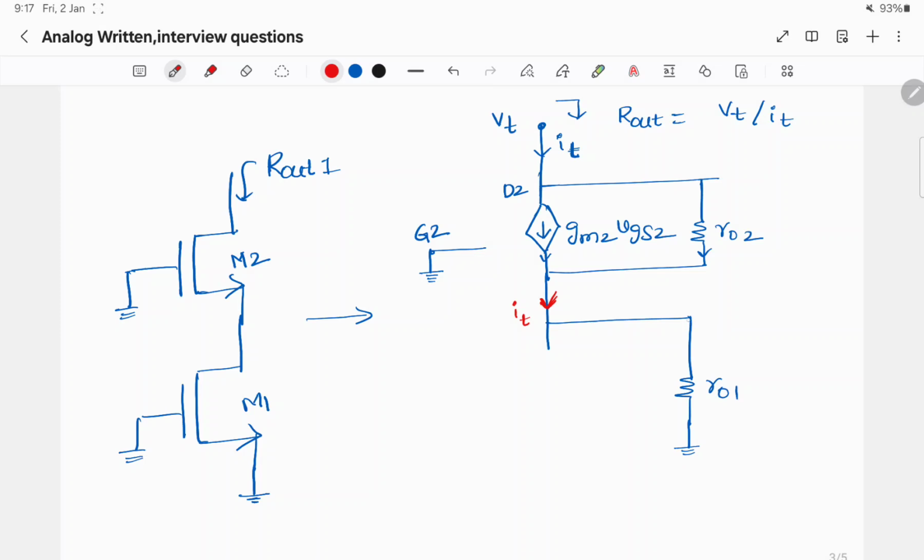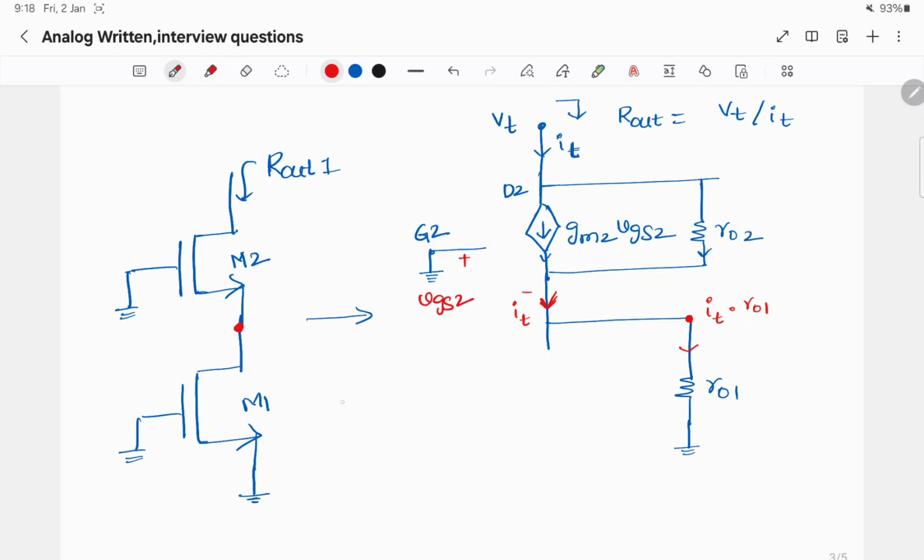The voltage at this node is the current flowing in this resistor ro1 times the resistance, so this node potential is IT times ro1. The source of M2 is connected to the drain of M1, so the drain potential is IT times ro1.